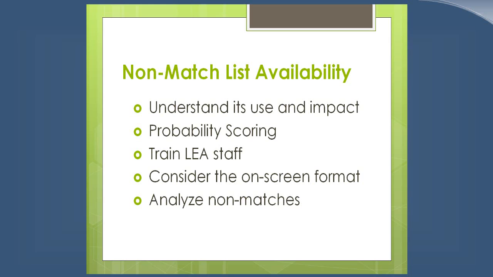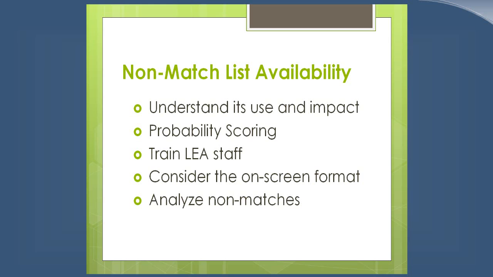Next, we would ask you to consider the on-screen format. What we've seen in a few places is that they're providing a non-match list, but the way it's laid out is not easy for the user to use. So when you develop an on-screen format for a non-match or a potential match list, run it through some LEAs, a focus group, and say, look at what we've provided here.